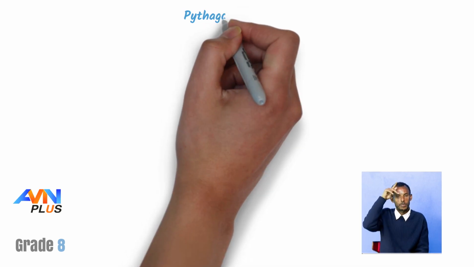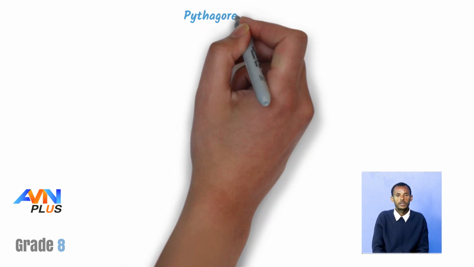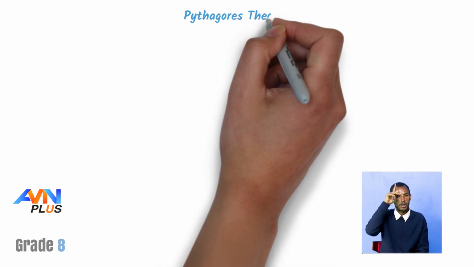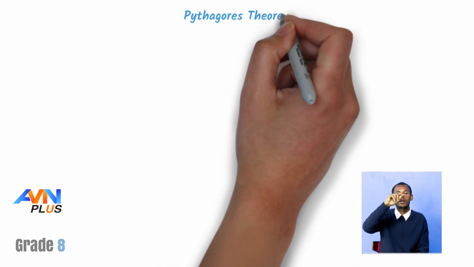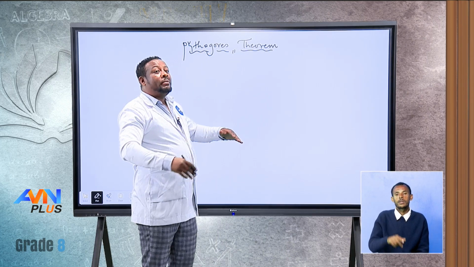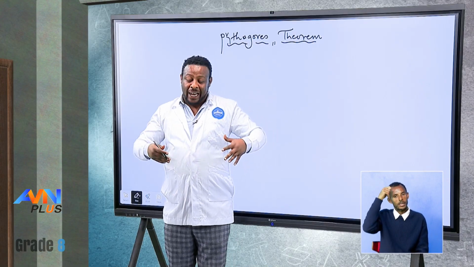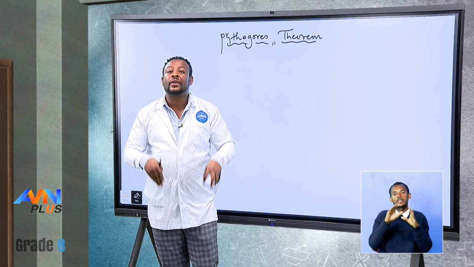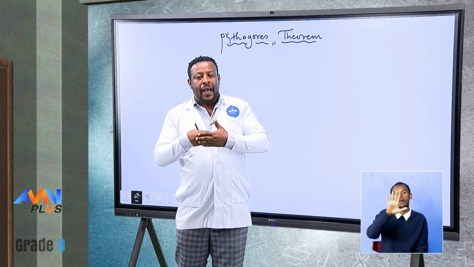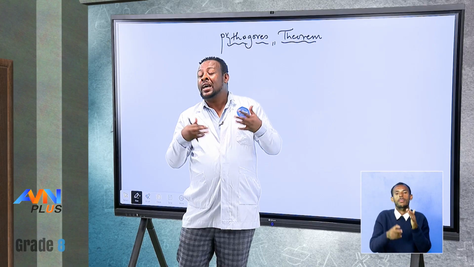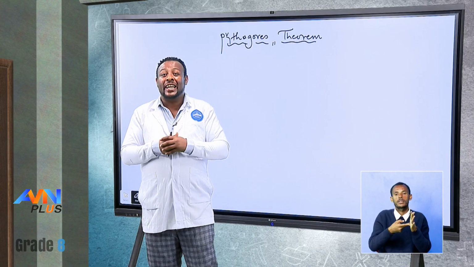Pythagoras theorem and its converse will be the last theorem that we will have in our discussion on Unit 5. Before we see what Pythagoras is saying, Pythagoras is the name of a person.